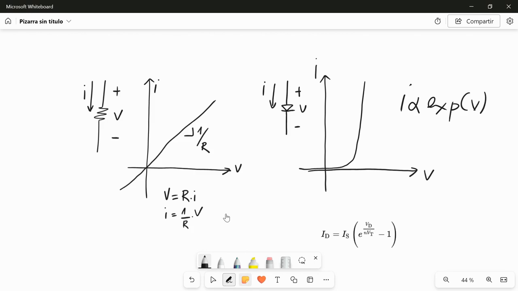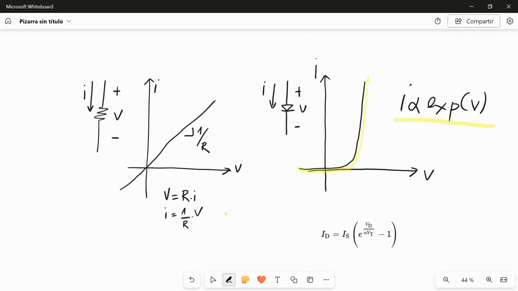So this is the real curve of the diode. If we measure the current flowing into the diode in this direction with an applied voltage with this polarity, we will have this exponential curve.